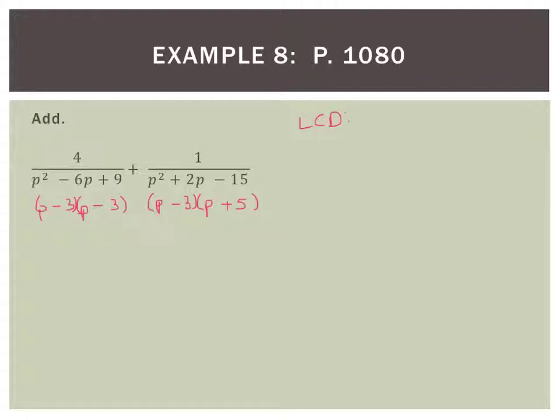So my least common denominator, they both have p minus 3 in common. And then I'm also going to multiply it whatever they don't have in common. So another p minus 3 and p plus 5. So that's going to be my denominator.